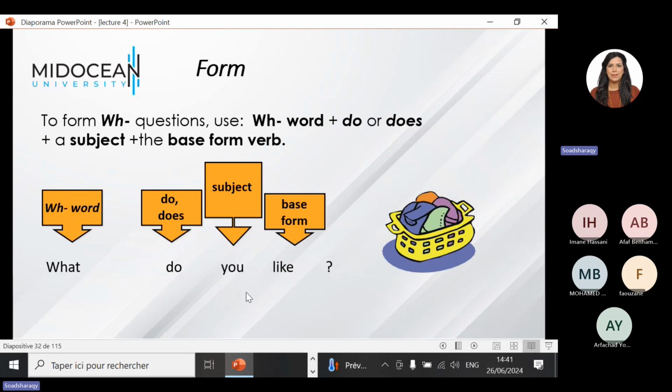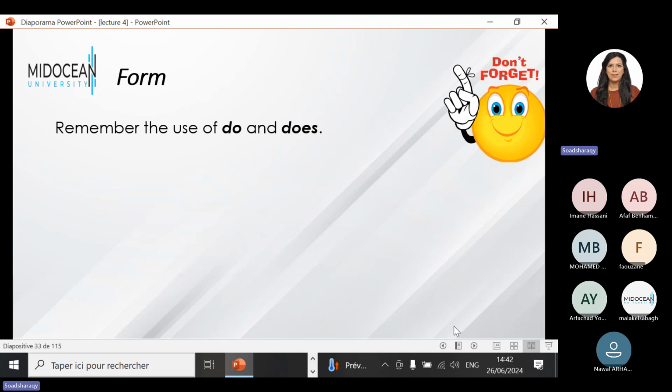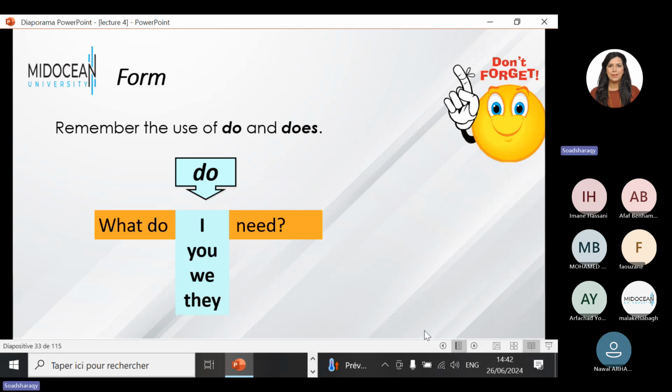What do you like? Another example, so which sweater does she need? Now remember the use of do and does. Example, so what do I need? What do you need? What do they need? Okay.